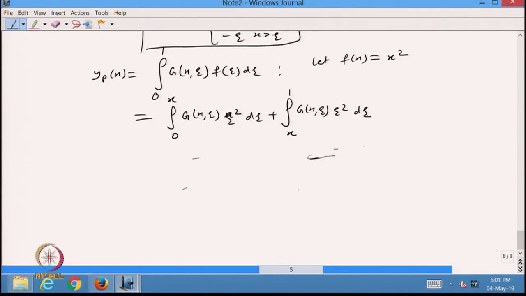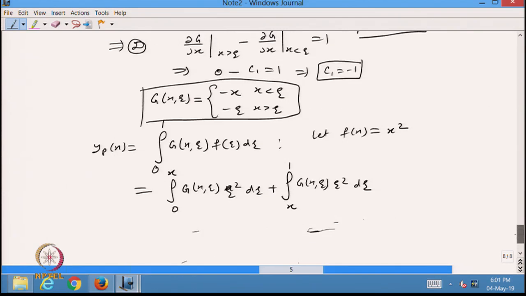Why have I done that? Because the Green function is defined in piecewise form. When xi is lying between 0 and x, xi is less than x, and in the other part xi is greater than x, because xi is lying between x and 1.